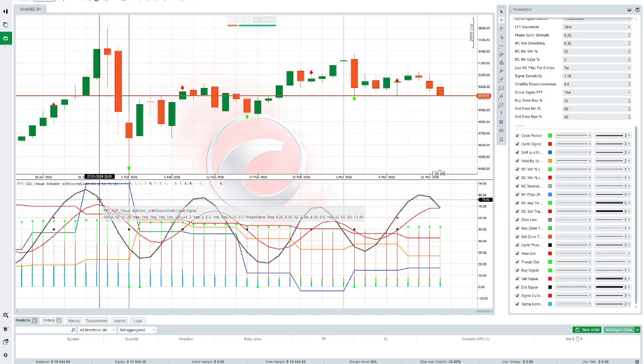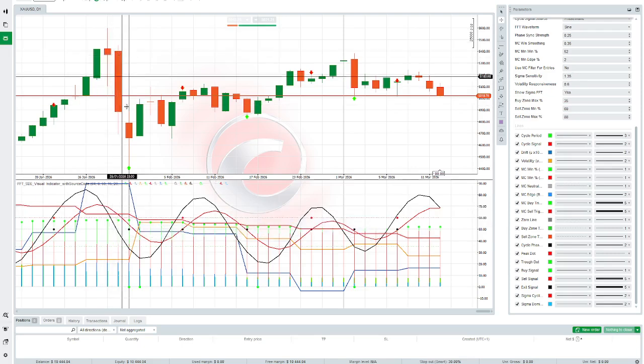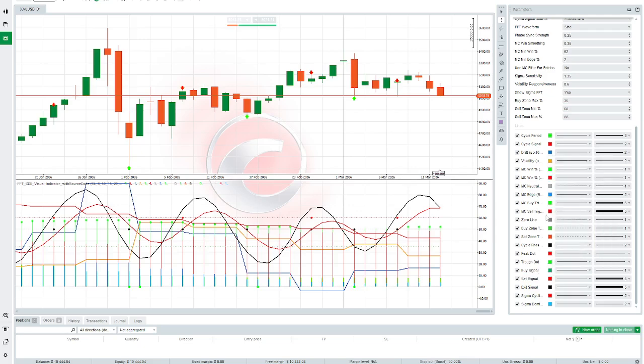The cyclical phase, at which cyclicality period the price is, crosses through the signal line, and then you have the sell. Then here you have the bottom, and there's a green arrow here, a buy signal.